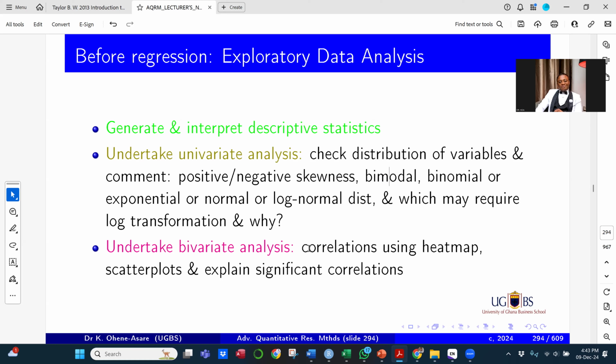Then you may do a bivariate analysis, correlation using a heat map, or scatter plots, or a scatter plot matrix. You can generate a correlation matrix with p-values and do all of that first.